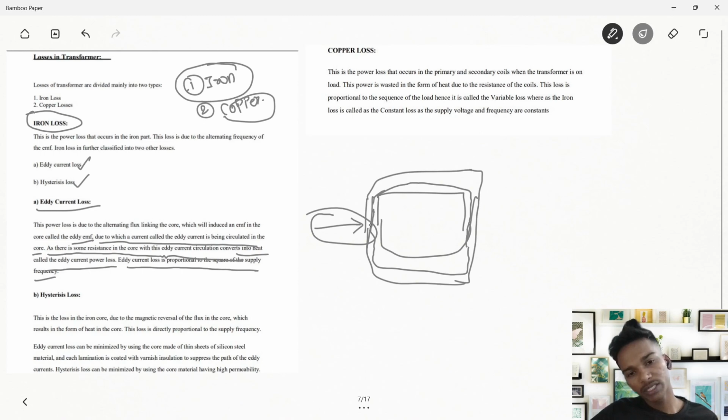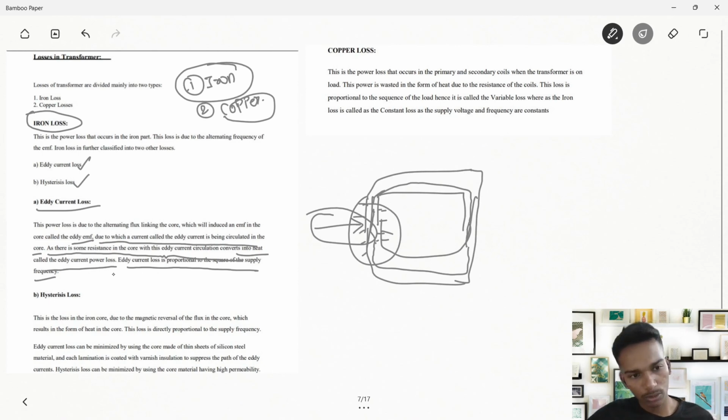So we are generating some opposition to the generation of flux, which induces heat in this limb, which has to be dissipated from the limb. These are eddy current losses.